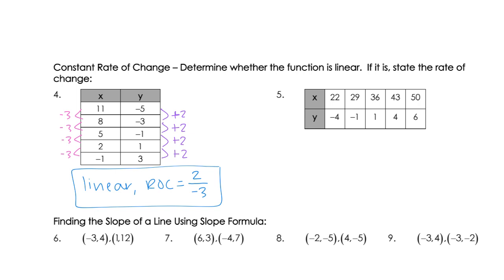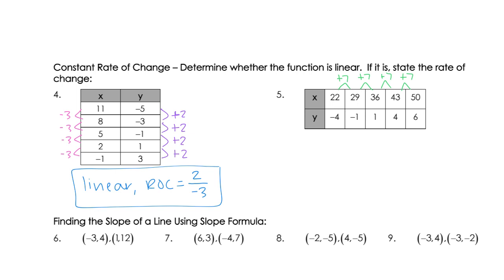Okay, looking at number 5, notice this table is going horizontally now. So make sure you're careful of that. But 22 to 29 would be an increase of 7. 29 to 36 would also be an increase of 7. 36 to 43, increase of 7, and then 43 to 50, also an increase of 7.